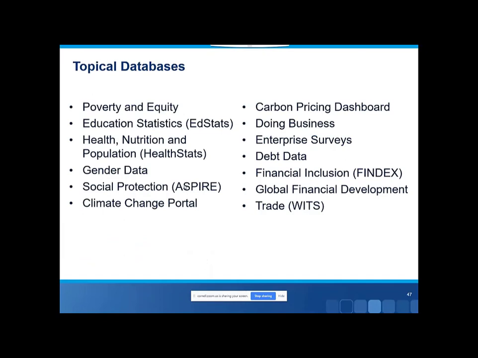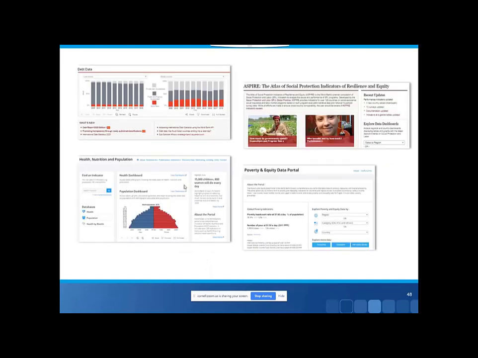So databases can be focused on topics like poverty, or education, or gender, but also can look at economics-related topics like debt and financial inclusion and trade. Here are some screenshots. If you're interested in any of these resources, simply type the name into your search engine, or you can write to us, and we'll be happy to help you locate the data.